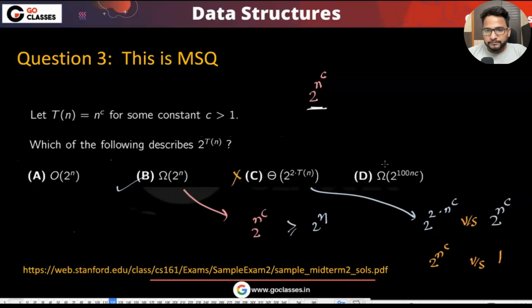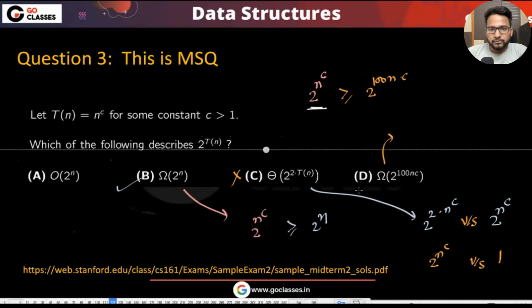Now, what about this? This is saying that 2 power n power c is greater than or equal to 2 power 100 n into c. What do you think? Can you take log and compare these two functions? So just take log and compare, right?